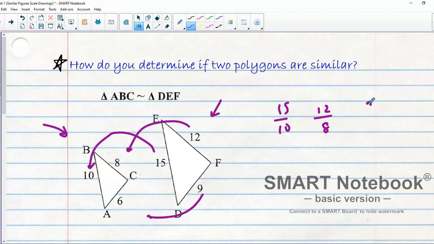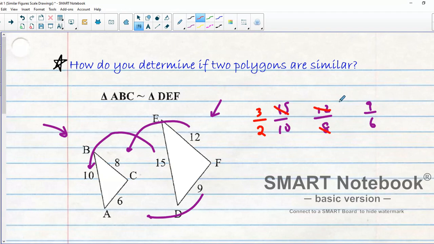Now, if you were to reduce these, would all of them have the same scale factor? Well, let's see. What number goes into both 15 and 10 when you reduce it? 5, right? 5 going into 15 3 times, 5 going into 10 twice. What about 12 and 8?